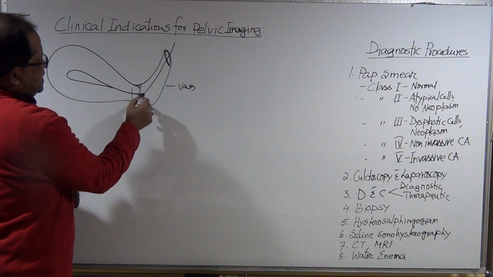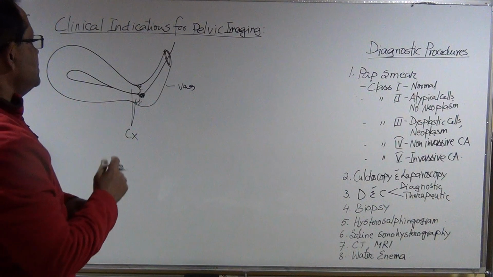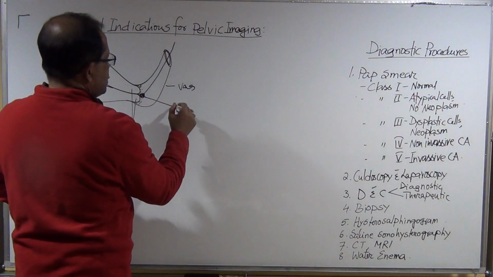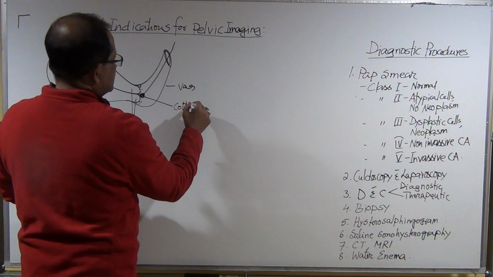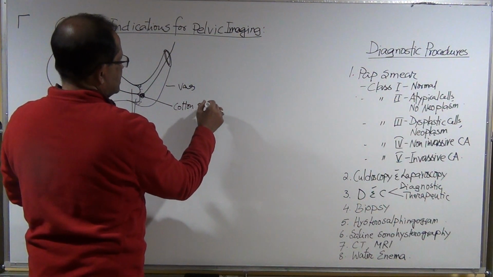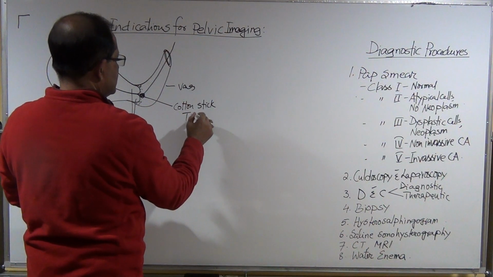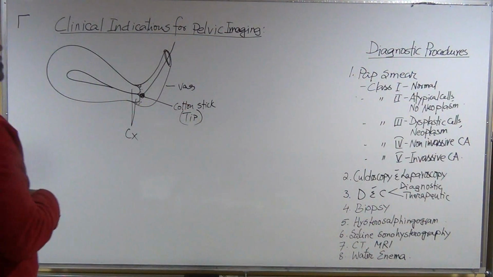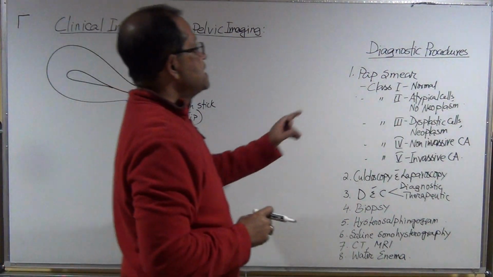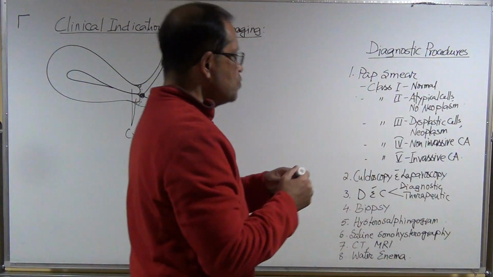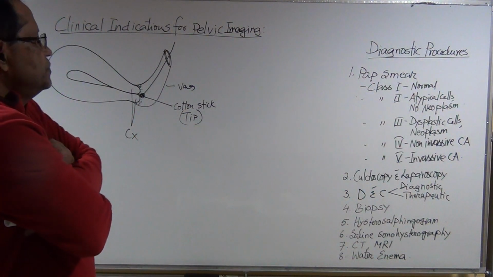They will take all kinds of cell secretions with the cotton tips. Okay, so this is the cotton stick. Okay, so if they see there are no abnormal cells, then it is class 1, that is normal.